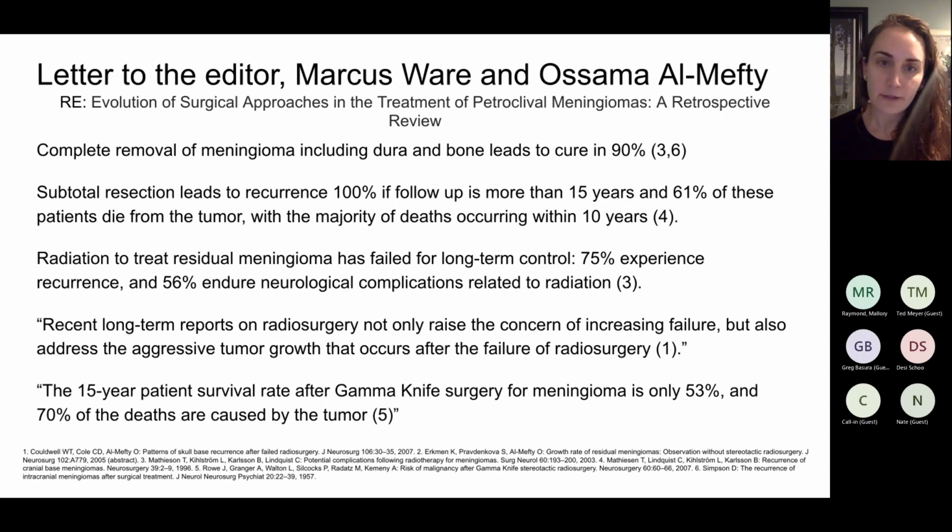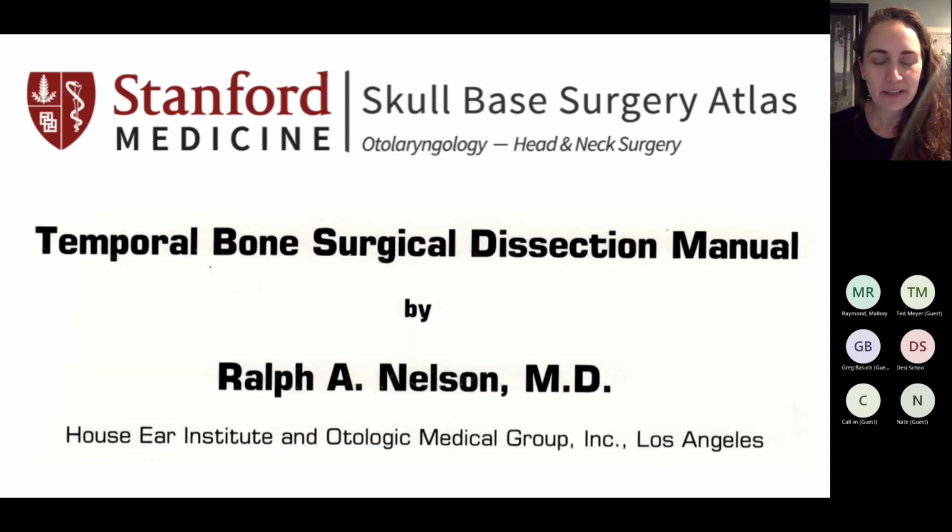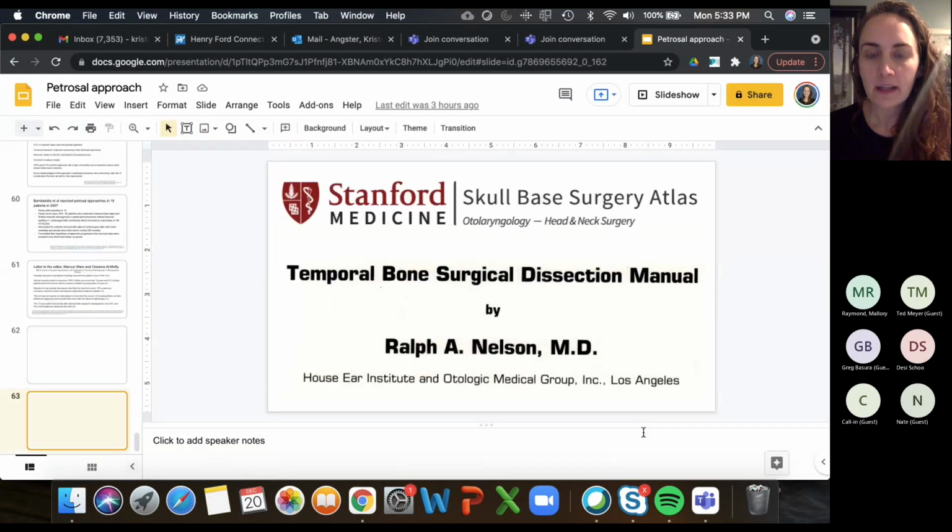But like with every surgery, patient selection is paramount, and proper counseling of the patient on the risks and benefits of this procedure is very important, because it does come with a lot of risks, and the patients need to understand that going in. So I talked really fast, and that pretty much covers what I wanted to say about the Petrosal approach, but I would like to open things for questions or discussion.